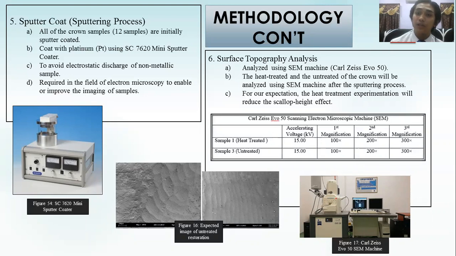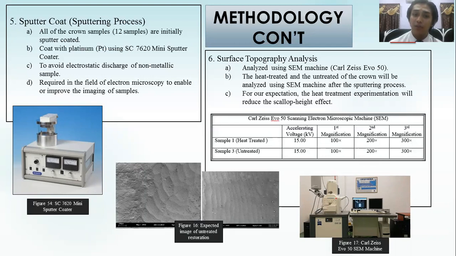The topography or the surface texture of the heat-treated crowns, which are 9 specimens, and the untreated crowns, which are 3 specimens, will be analyzed under the SEM machine.